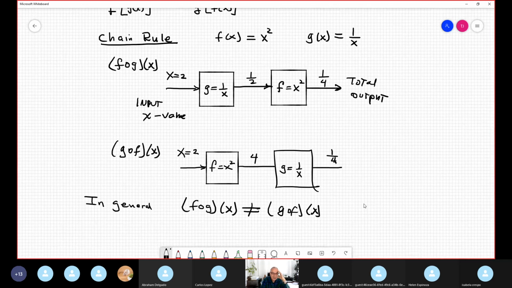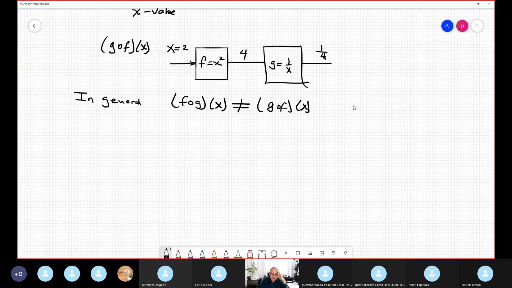Let's do another example. Suppose two functions, f of x is equal to x squared again, but g of x is maybe cube or absolute value. Why not? Absolute value.